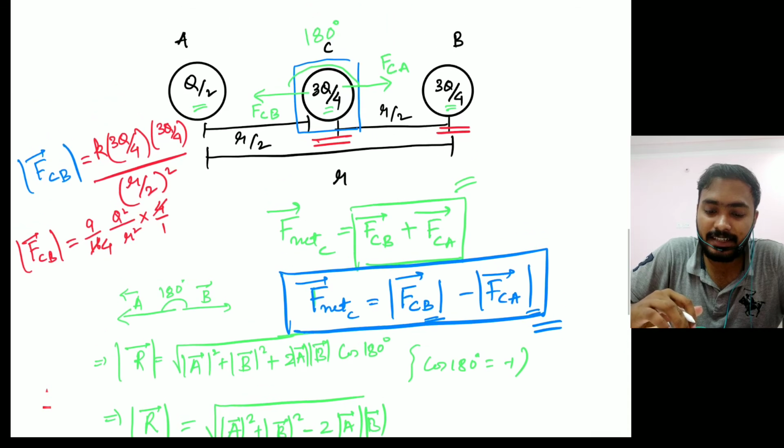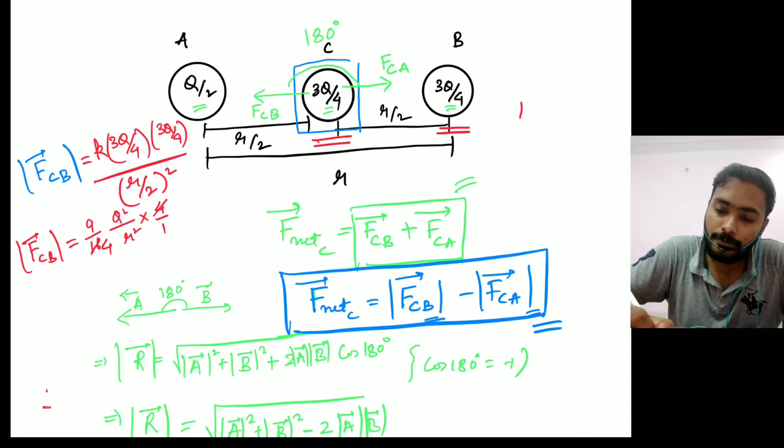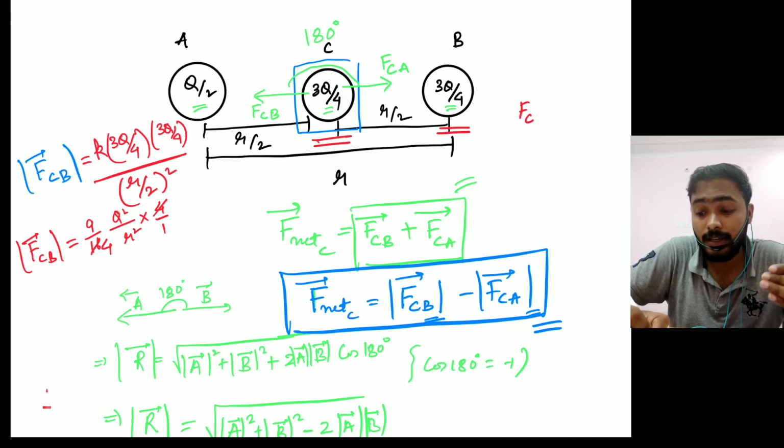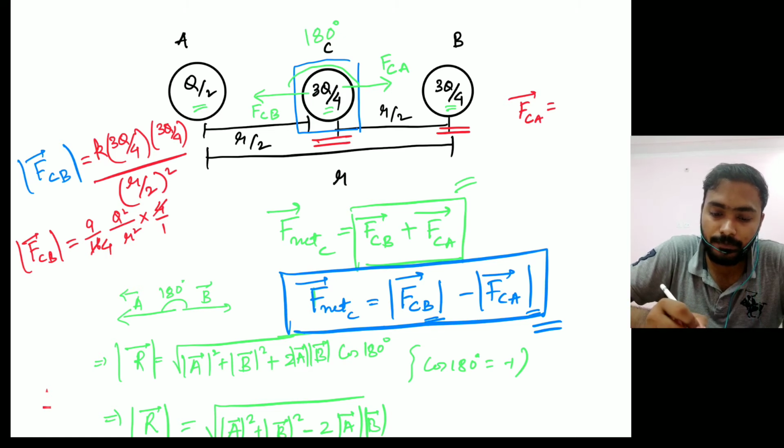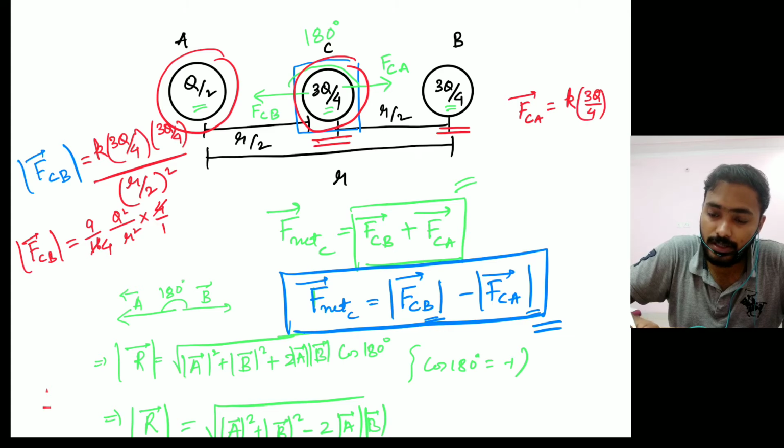Great. If that is clear, the second thing I have to find out is the force of interaction on C because of A. Again, you can see there is K, then 3q by 4, that is the charge on C, then q by 2, that is the charge on A, divided by r by 2 whole square.